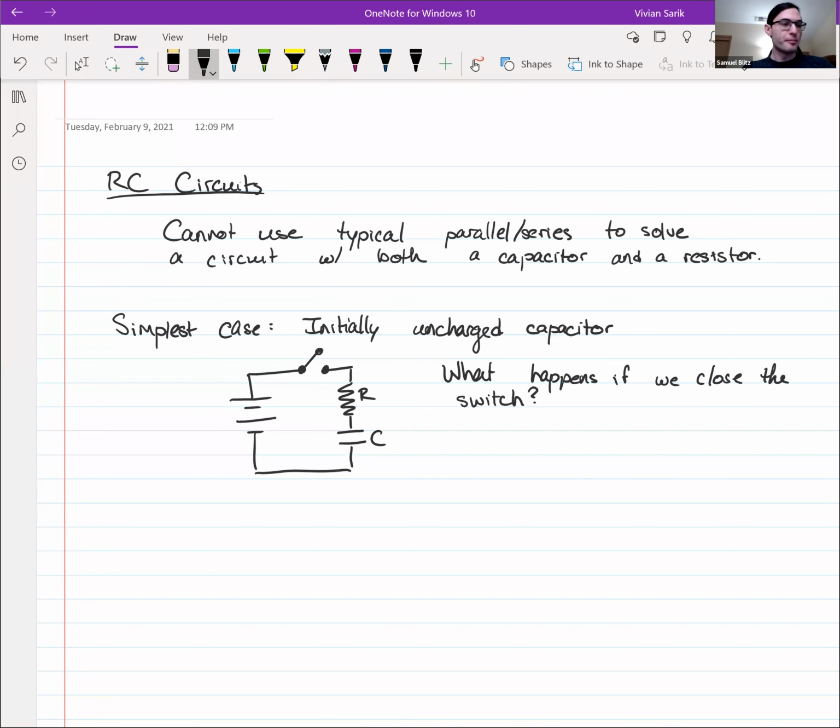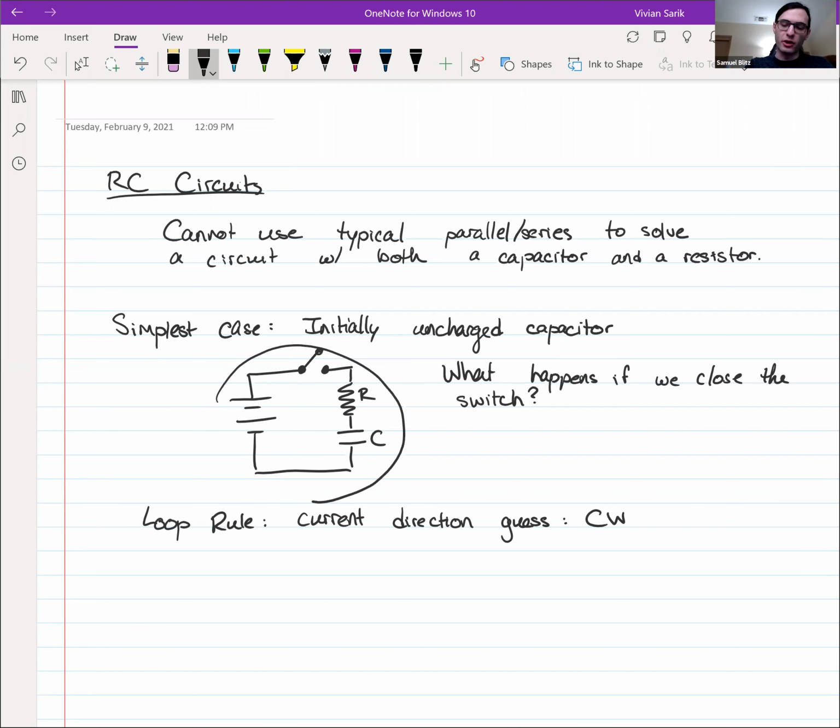So instead what we'll do is we'll just apply Kirchhoff's loop rule. There are no junctions here, so we don't have to worry about the junction rule. To apply the loop rule, we need to first guess a direction of current. So we're going to guess that the direction of the current is clockwise, and we're also going to traverse the loop clockwise, in the same direction as the current, just to make things easier.